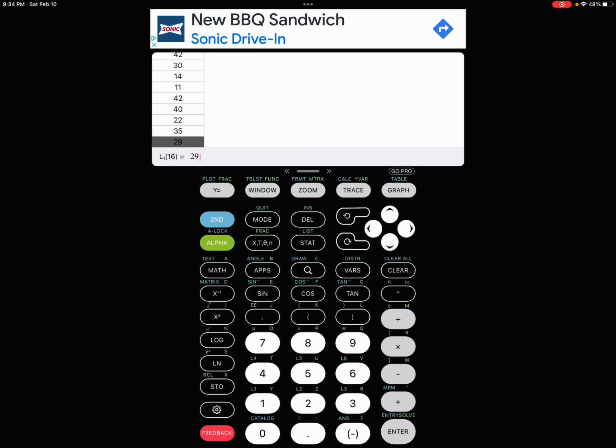Okay. That is the 16th piece of data, and you can see that where it says L1 entry 16 is equal to 29.